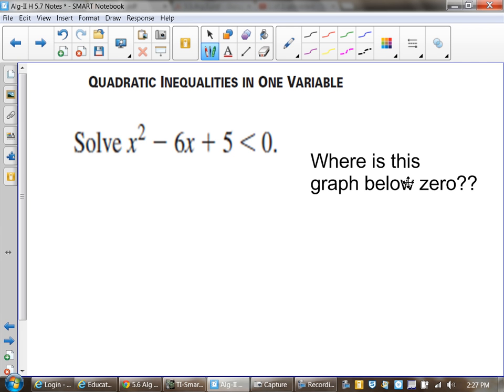My b value is an even number, isn't it? So I can find the axis of symmetry without any issues, right? Yeah. What's my axis of symmetry for this problem? 3. 3. Opposite of b over 2a. So my axis of symmetry is 3.